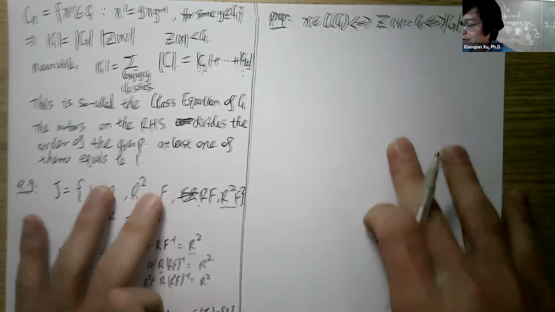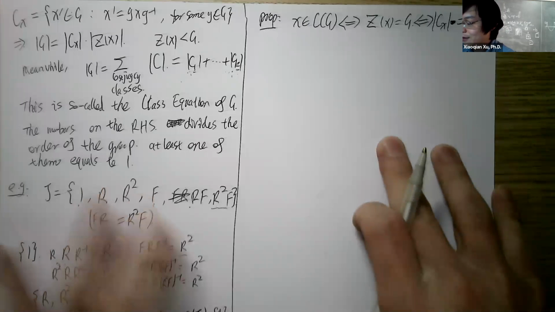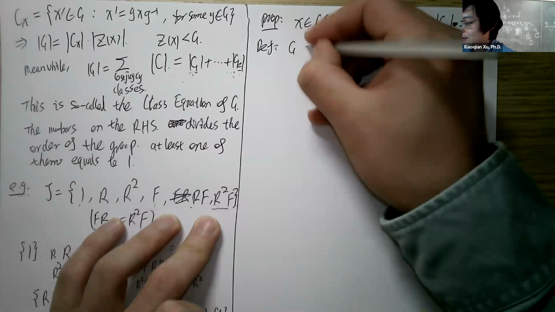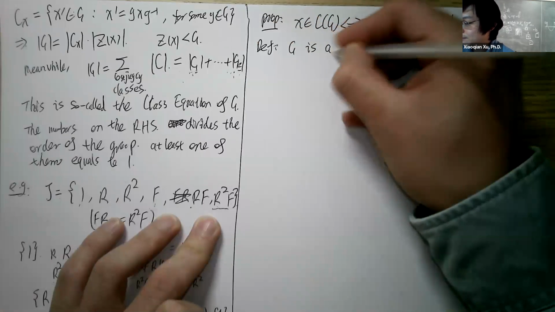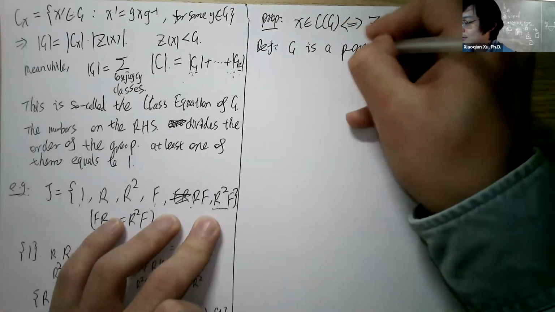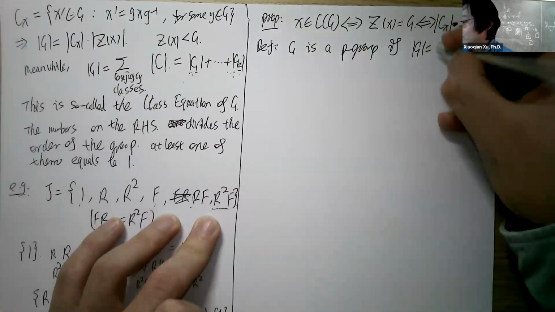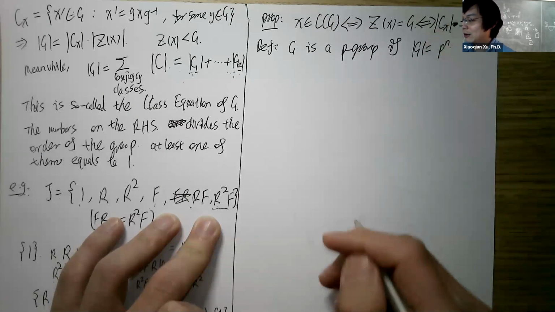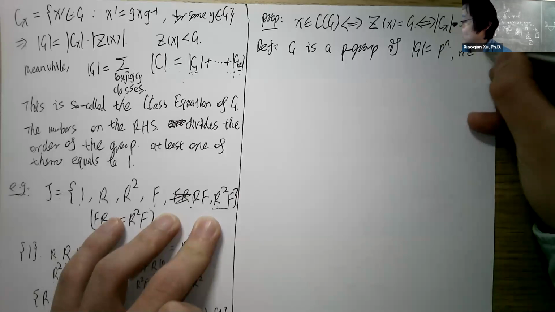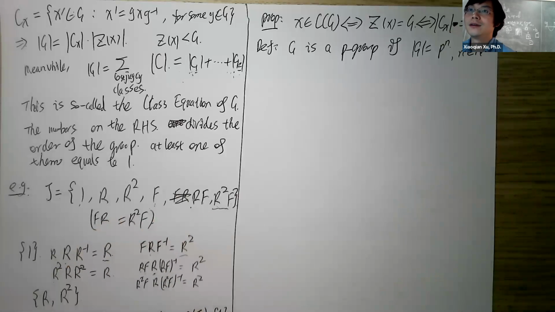So we say G is a p-group if the order of G is equal to some power of p. If the order of G is equal to p, then we know that G must be a cyclic group, Z_p.